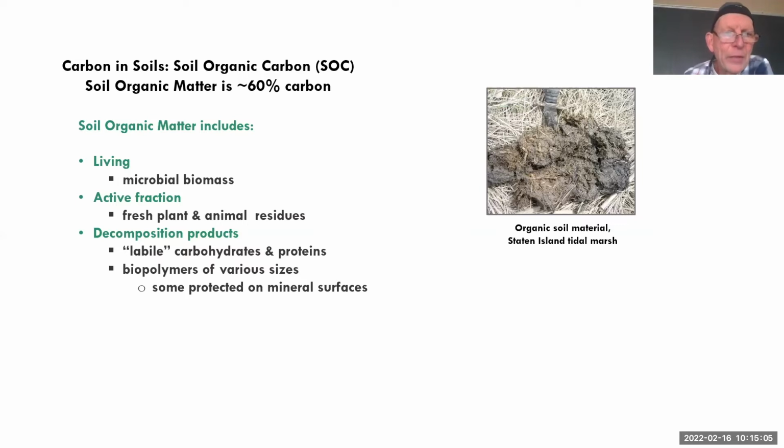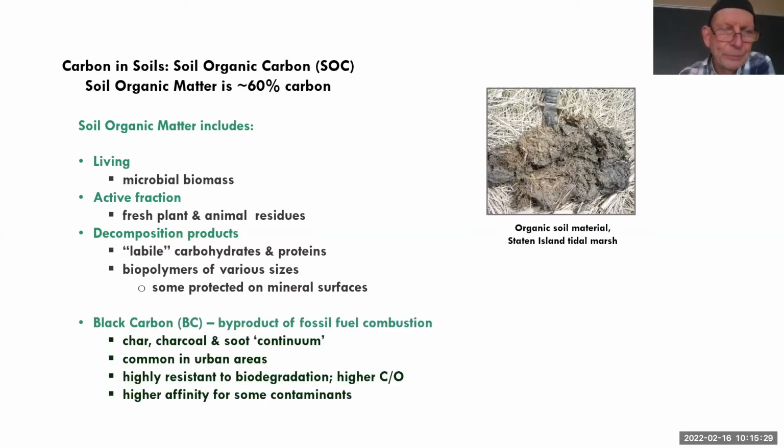And the organic matter includes a couple of different things, the living microbial biomass. There's an active fraction of the organic matter, the fresh materials added to the soil. And then there are the various decomposition products, the stuff that's a little more readily decomposable, and the other stuff that gets protected on mineral surfaces that lasts a little bit longer.